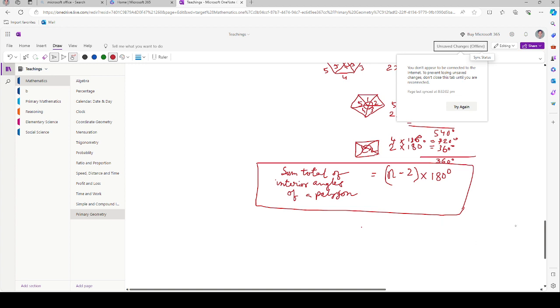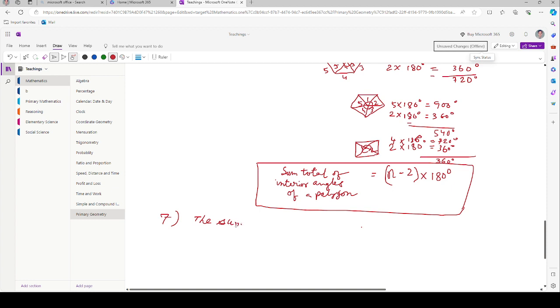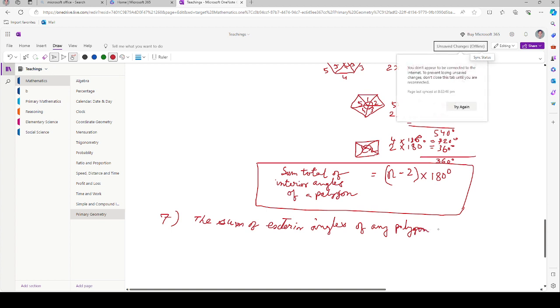So it is the general formula. In this context, we have to remember that the sum of exterior angles of any polygon is always equal to 360 degrees.